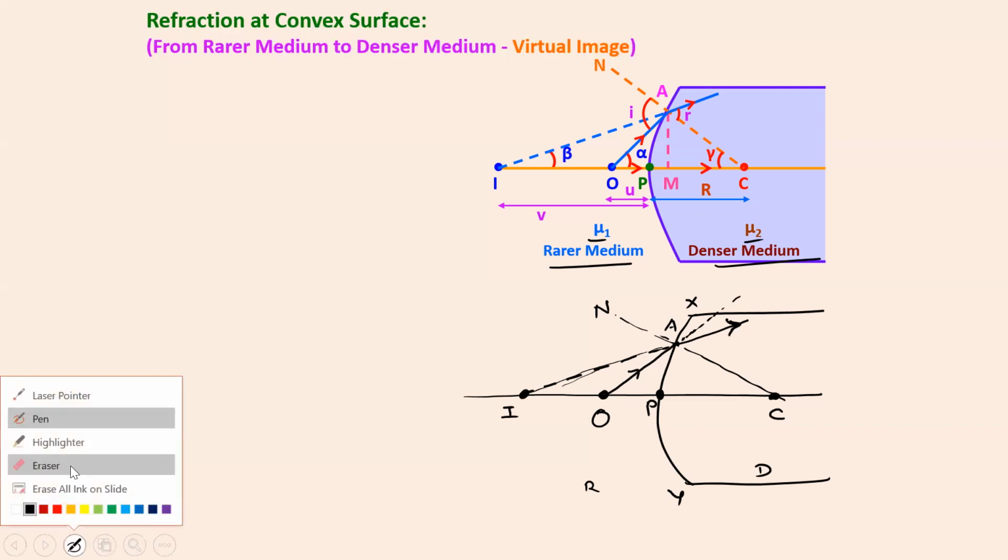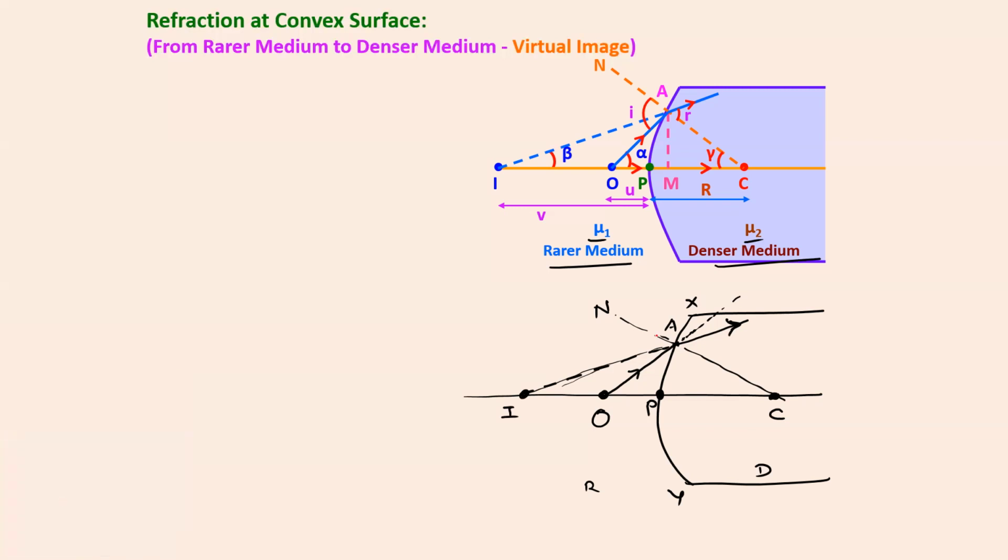Now we have to put angles. What is the angle of incidence? The incident ray and normal make the angle of incidence. And the refracted ray and normal make the angle of refraction.